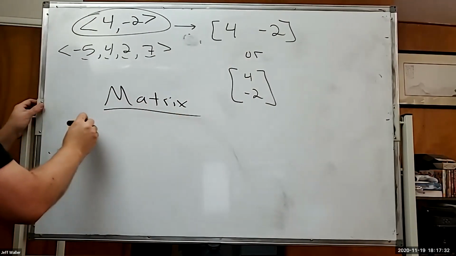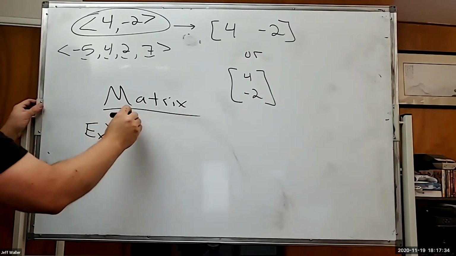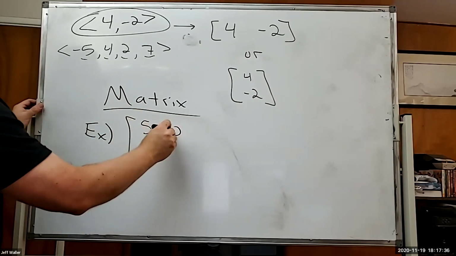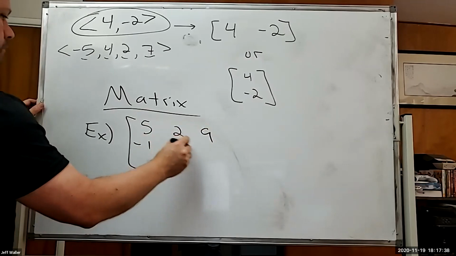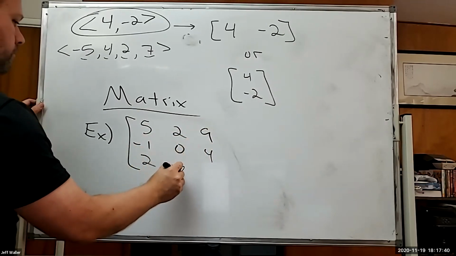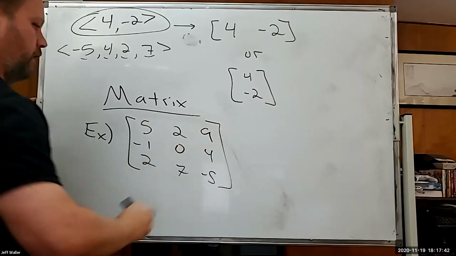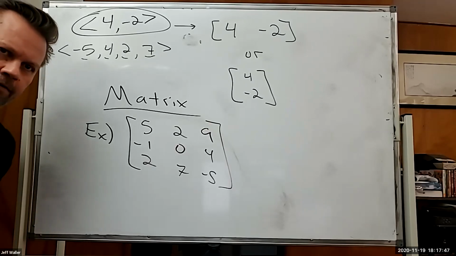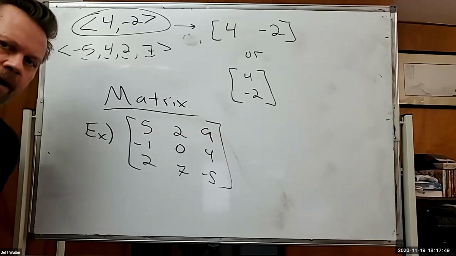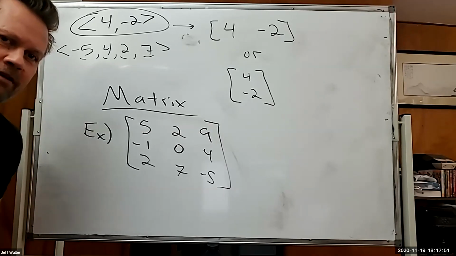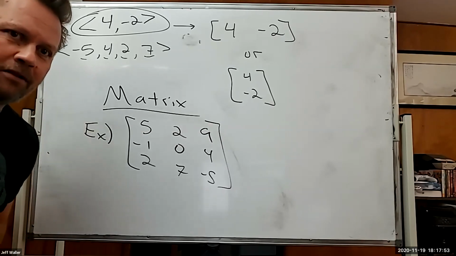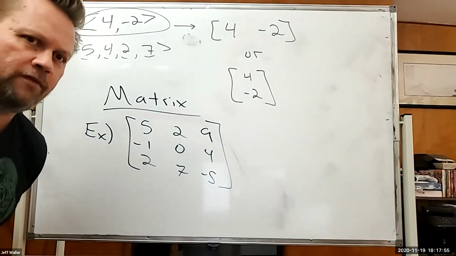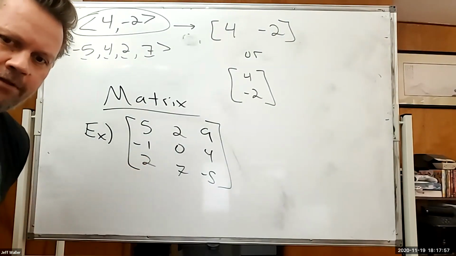So an example of a matrix would be something like that. Do you see there are 3 vectors? And you would not be wrong if you disagreed on what the 3 vectors are. Can somebody tell me one of the vectors that lives in this matrix?